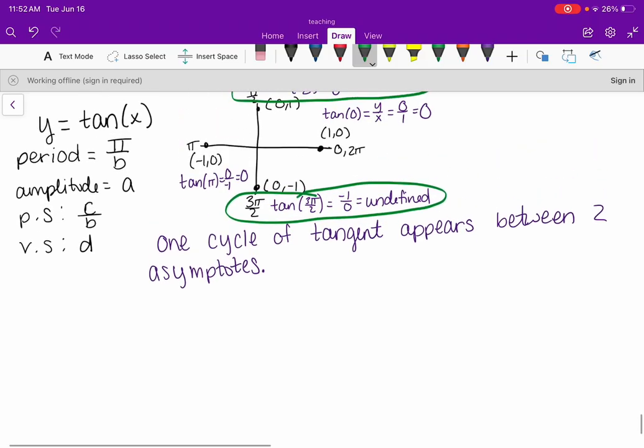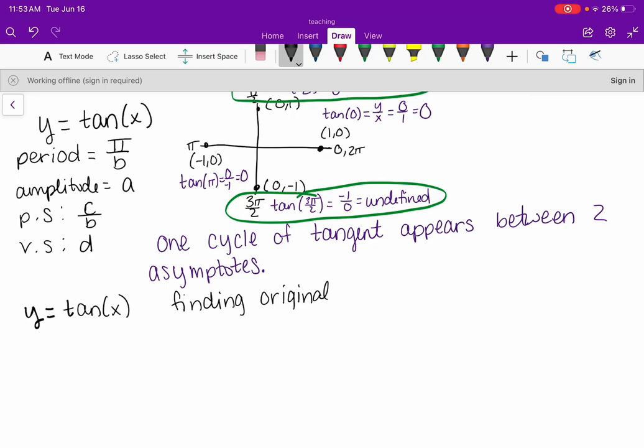Okay, so here's the point that I want to make to you. Here, let me write it like this. Y equals tangent x. We are finding original values, 5 points, where one cycle appears.